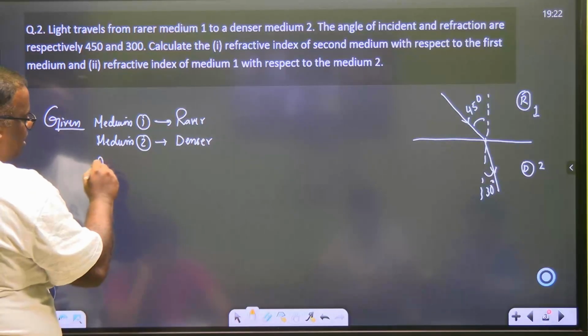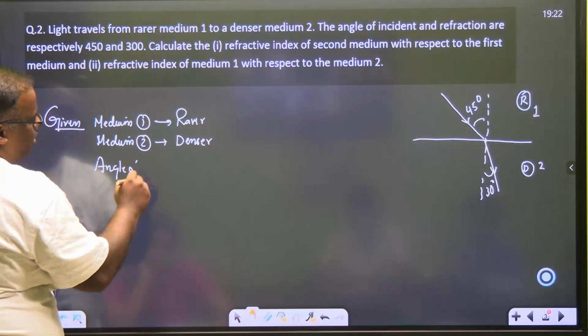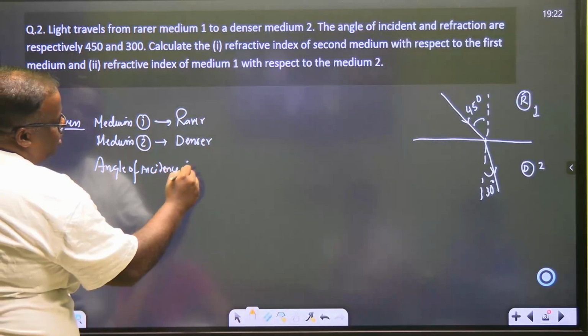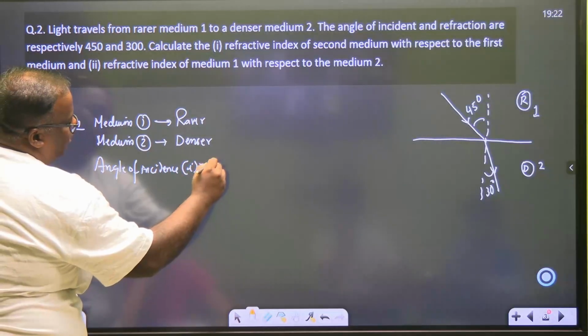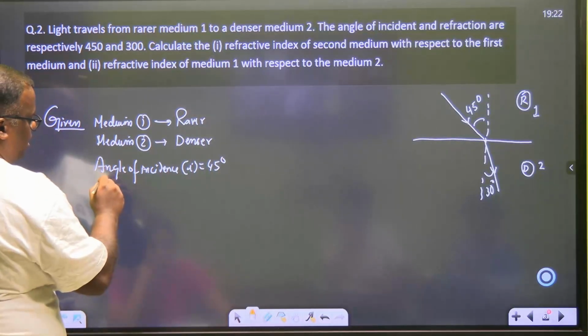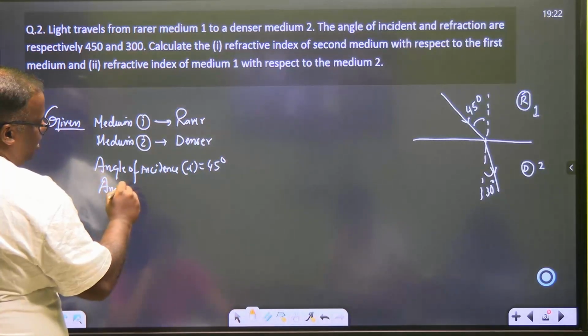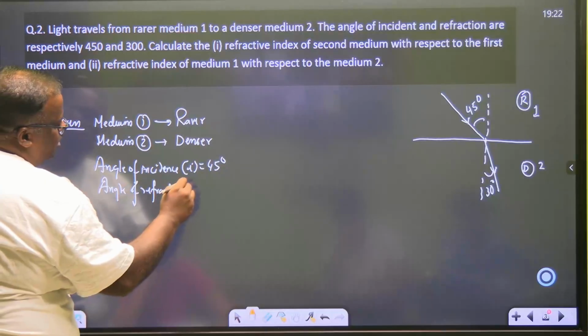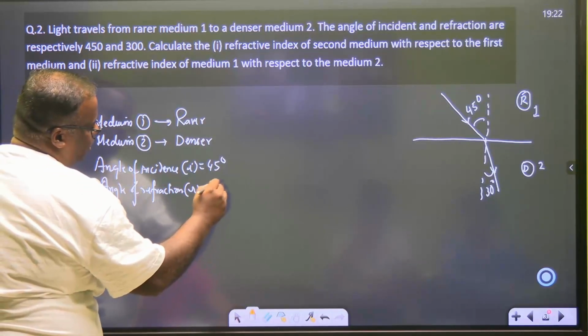Then angle of incidence, which is I, is equal to 45 degree, and angle of refraction, which is R, is equal to 30 degree.